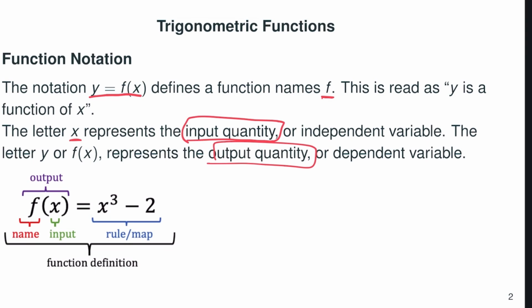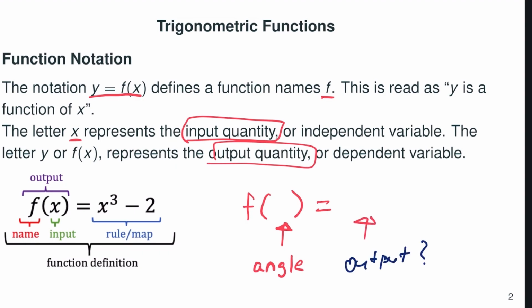So how does this relate to a trig function? In a trig function, the input is an angle. It can be an angle in radians or degrees, but when we define specific trig functions, we generally examine them with angles in radians. So the input is radians, and the output depends on which trig function we're talking about.